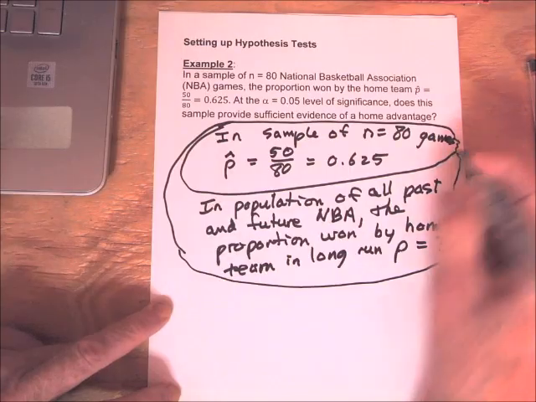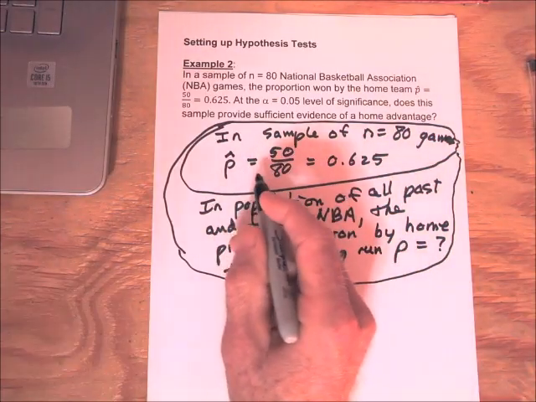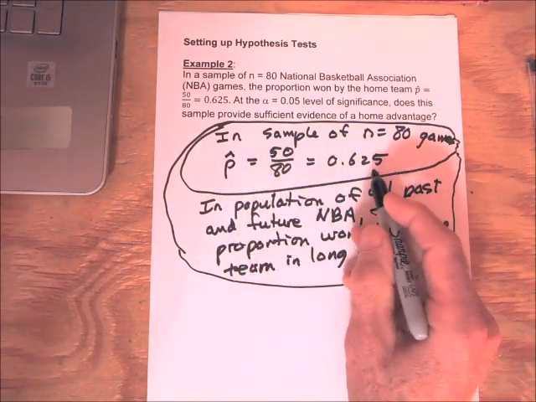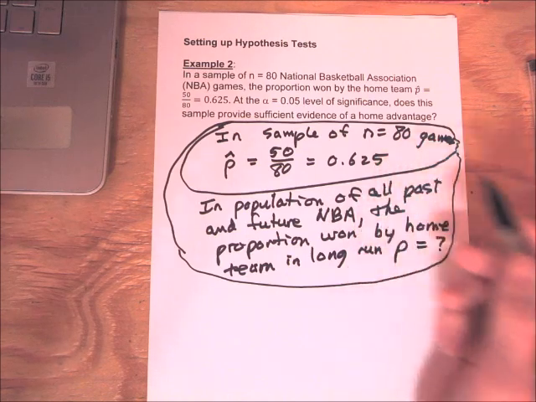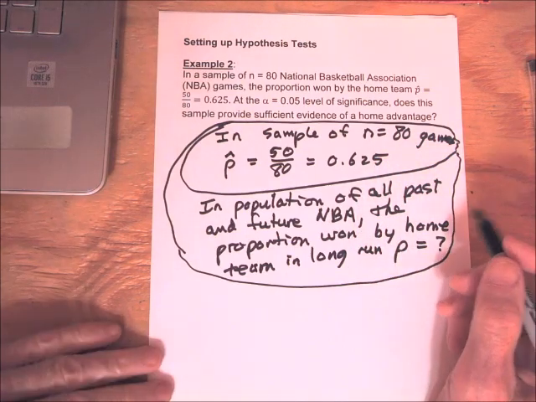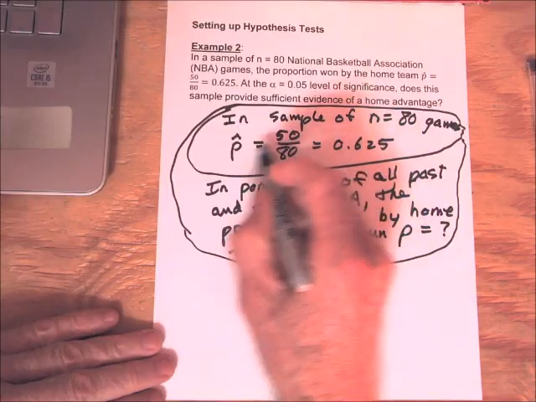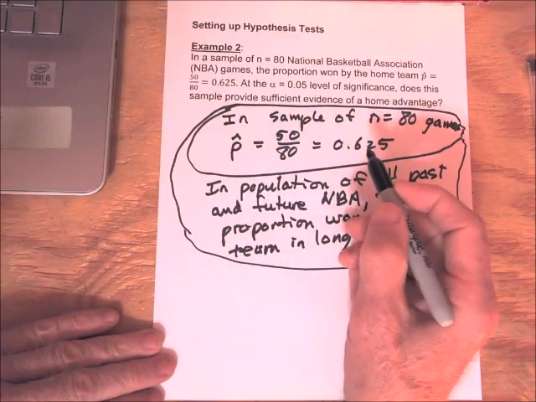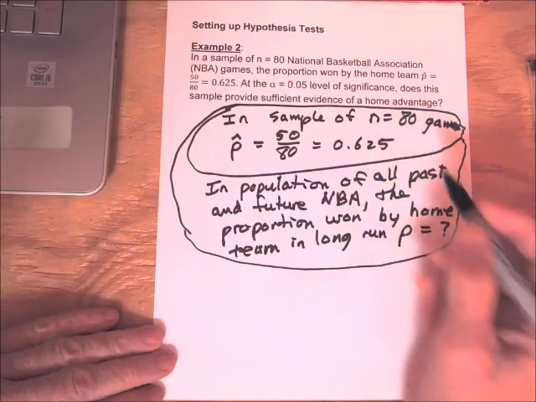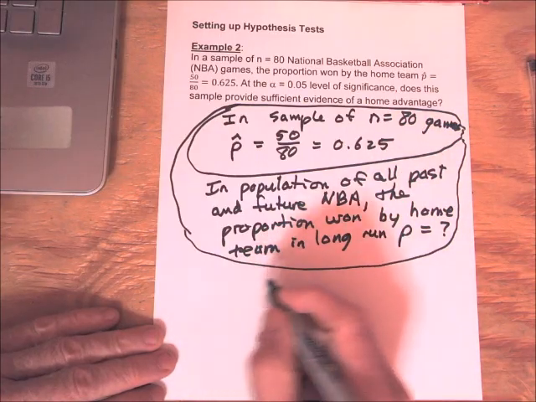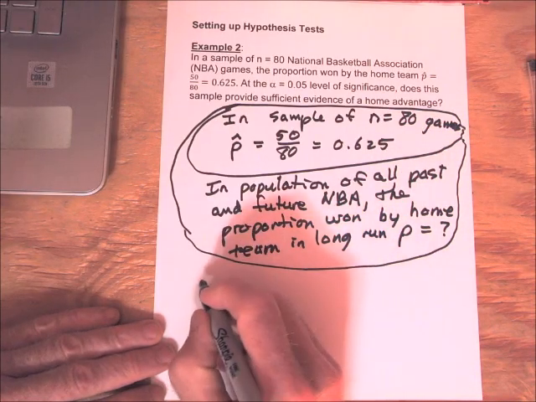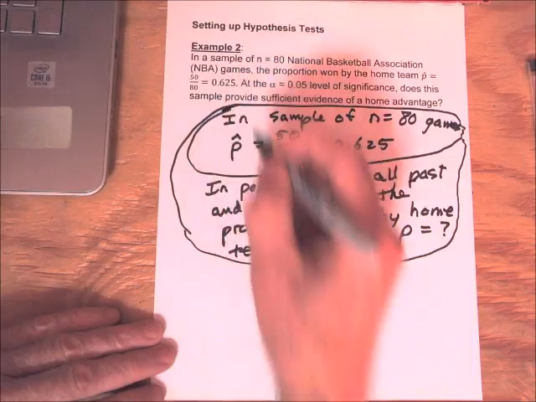Our best guess based on this sample is that the proportion won by the home team in the long run would be 0.625, but we don't know that. If we took a different sample of 80 games, maybe only 40 would be won by the home team, or maybe 60, maybe more. But this is just one sample.